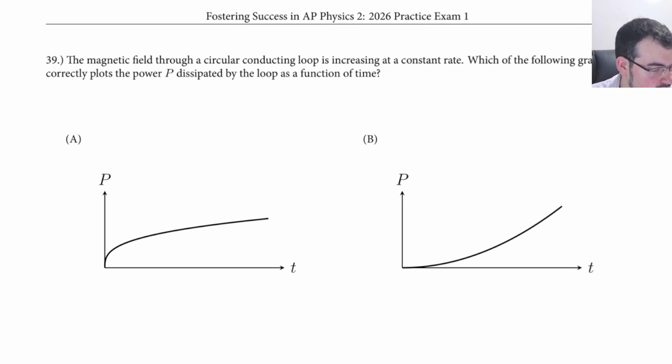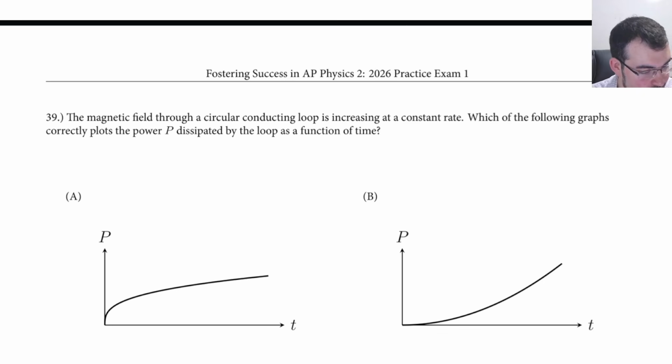The magnetic field through a circular conducting loop is increasing at a constant rate. Which of the following graphs could be the power dissipated by the loop as a function of time? Okay. So we have the magnetic field increasing at a constant rate. So what is relating to power?